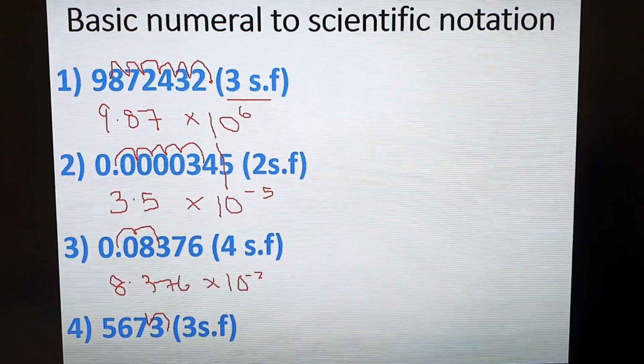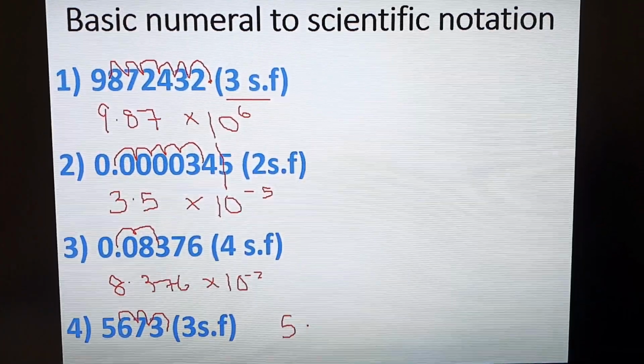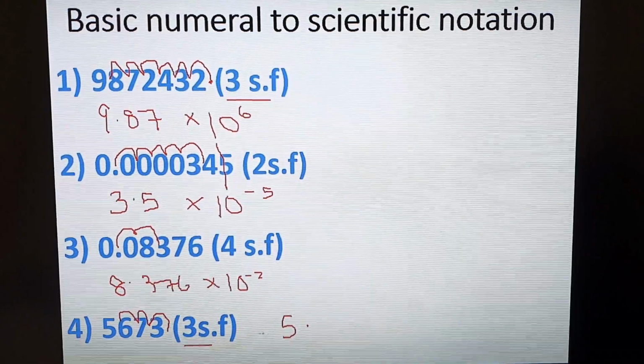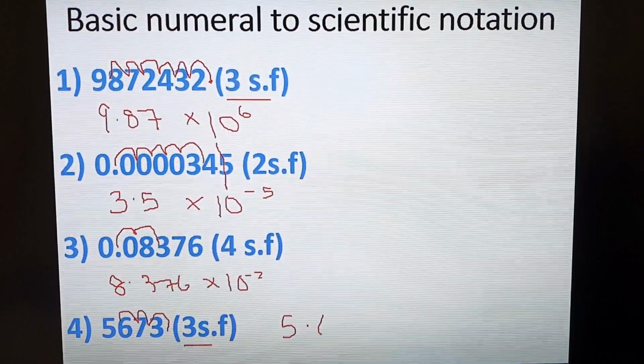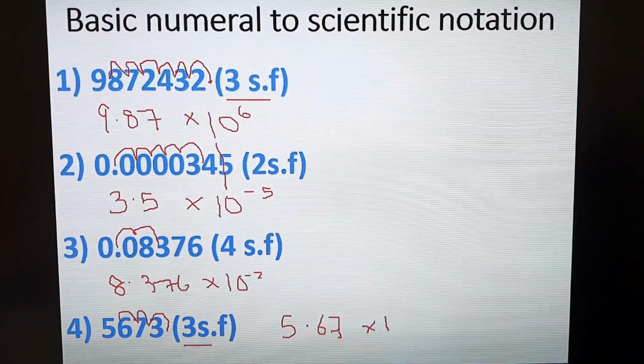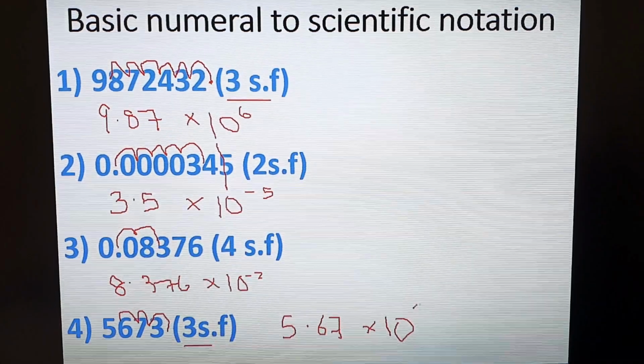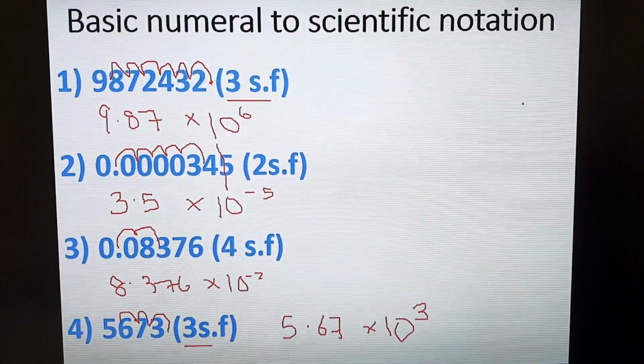So I'm going to move the decimal point back 3 times. I know it's going to be 5 point, and we only want 3 significant figures, so 5.67 is as far as I'll go, times 10 to the power of positive 3. And that's it.